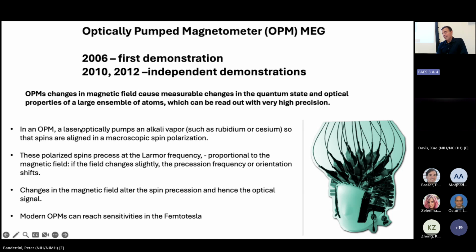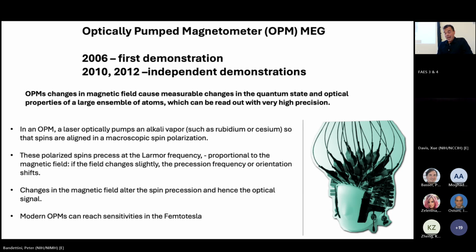OPMs basically are a laser that optically pumps alkali vapor, such that the spins are aligned and polarized. If they experience a magnetic field, their polarization shifts a little bit. So it's pumped to be aligned, and then its polarization shifts when it detects a magnetic field.